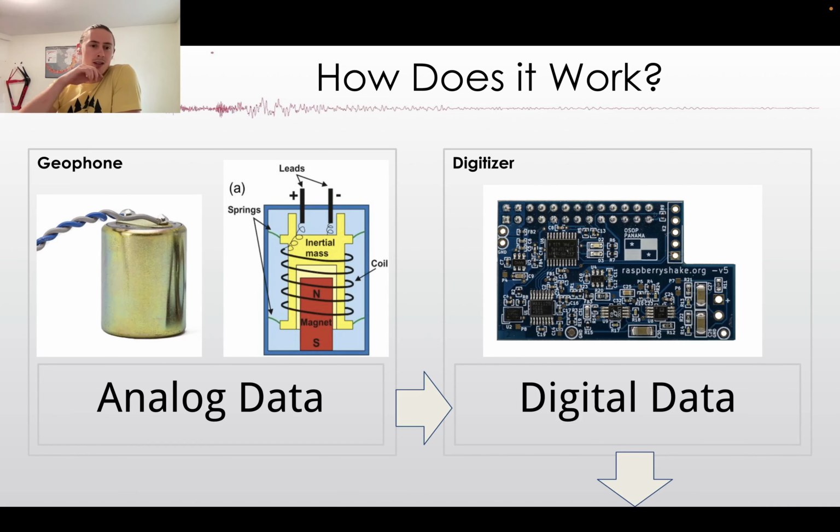So how does this guy work? Well, as we already talked about, the sensor, the thing that actually gets the data, is that geophone. And if you hold the Raspberry Shake and shake, you can actually kind of feel it. So from there, that data goes into what's called the digitizer, which is the little blue thing on top of the Raspberry Pi. That takes that analog data and turns it into numbers, ones and zeros, that the computer can read and process.